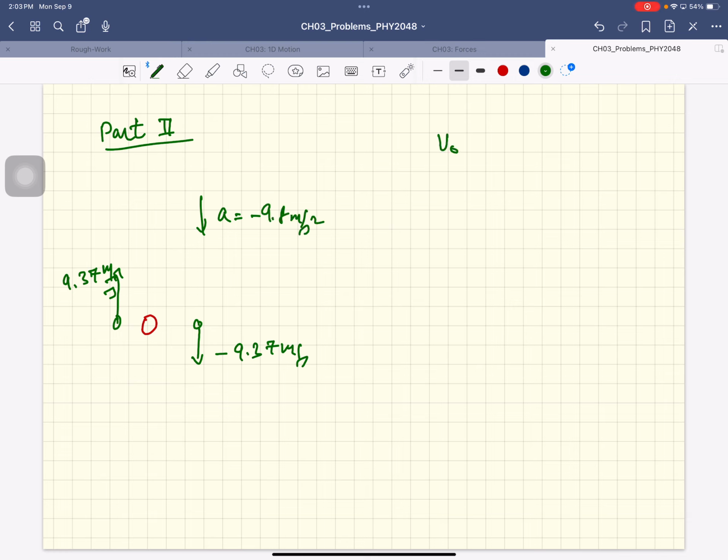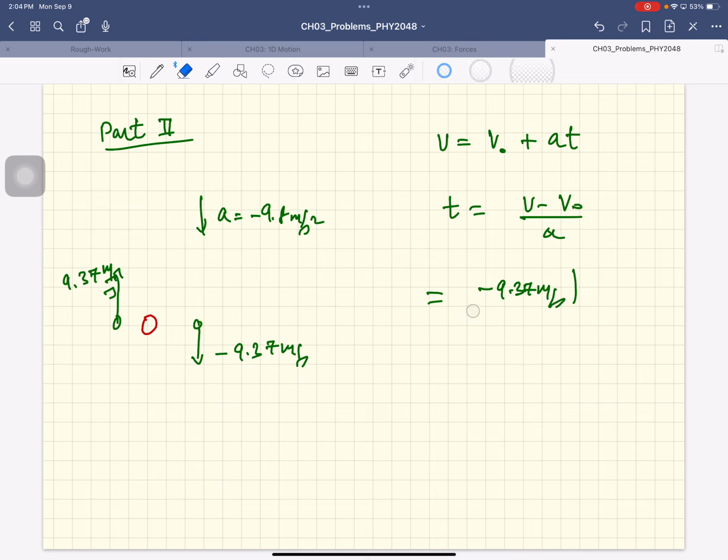Since we need time, this is the equation we'll use. The final velocity is negative 9.37 meters per second. Initial velocity is plus 9.37 meters per second.